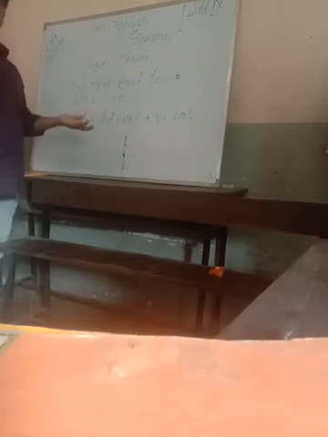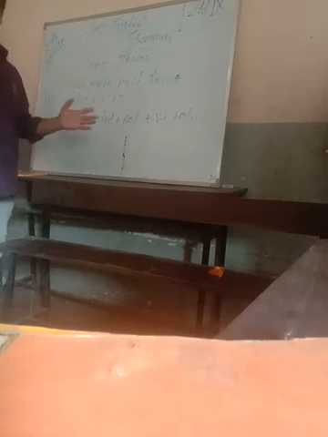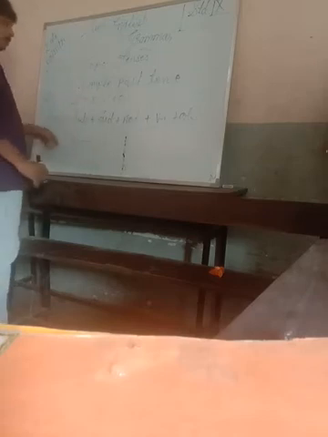And the third important thing is that past habit is mentioned in this kind of tense. We are going to see that also when we come to that point. Okay, I am going to give you these simple actions.